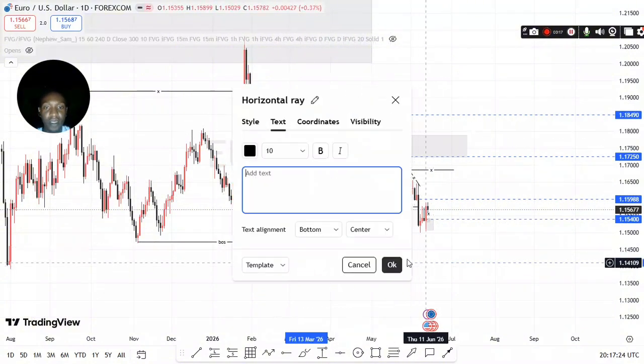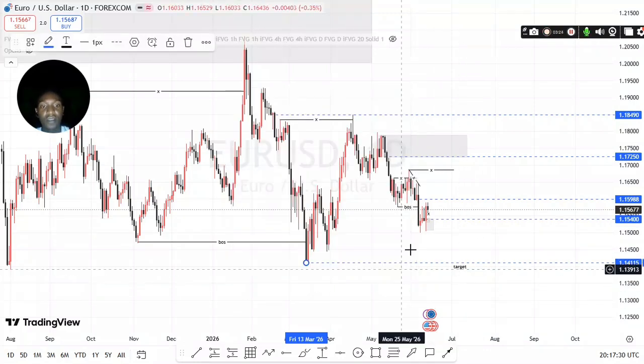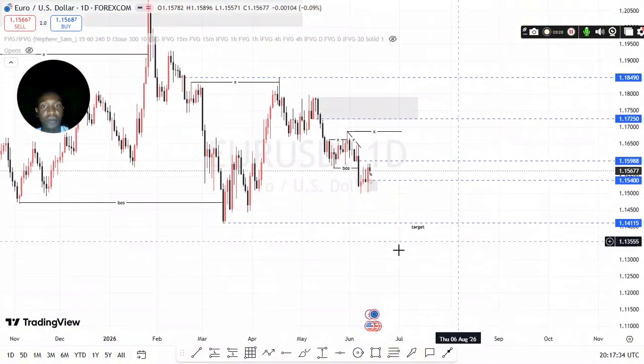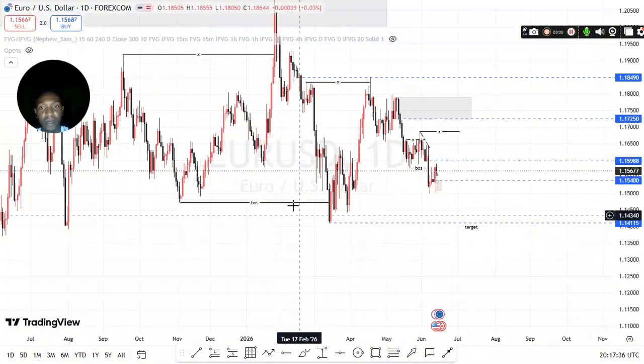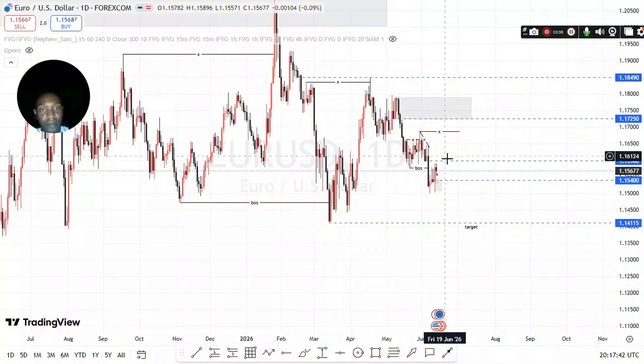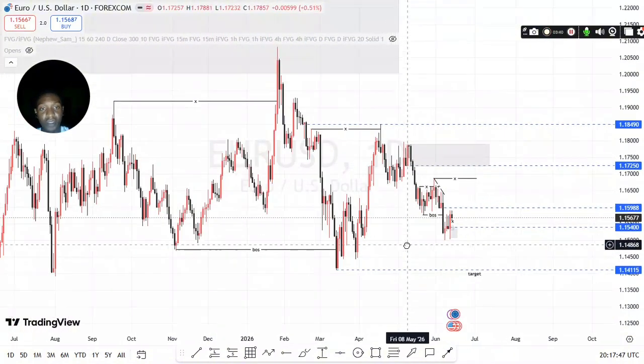It's here as the target. After the break of structure, it went up, swept liquidity up here, and now it's selling. It has been selling all through.